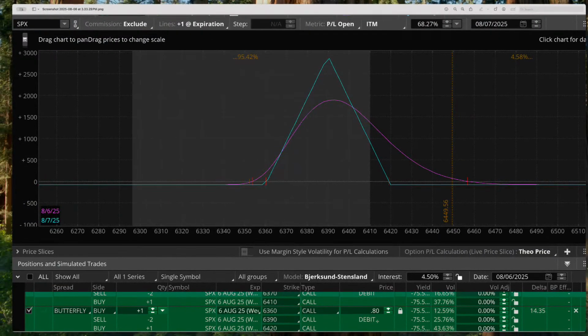You can see I paid 80 cents for it, which is $80. Now this is a 30 wide butterfly. All right. So what's the max reward on something like this? The max reward of a butterfly is the width minus the debit. So that's 30 minus 0.8.